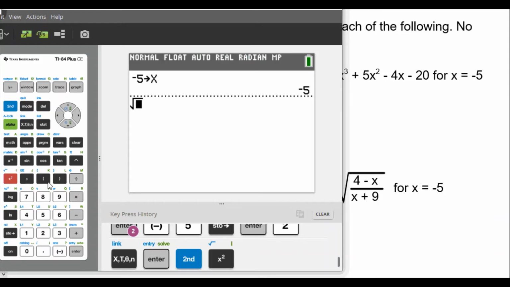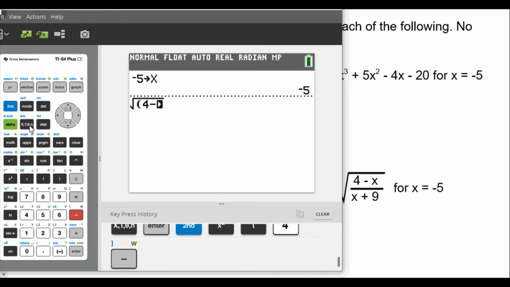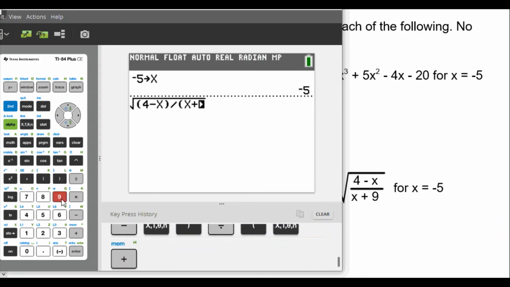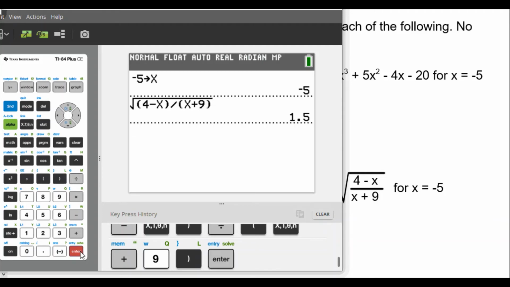Since we're doing a fraction, same as before: open parenthesis, 4 minus x, close parenthesis, divide by, open parenthesis, x plus 9, close parenthesis, and now we enter. We get 1.5, or 3/2.